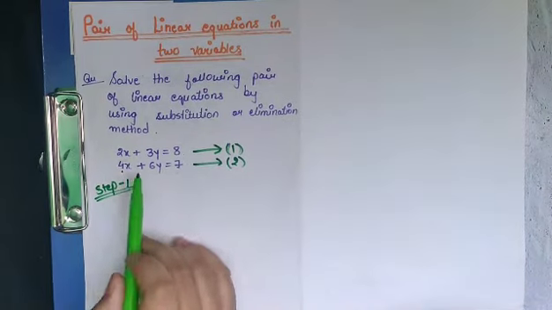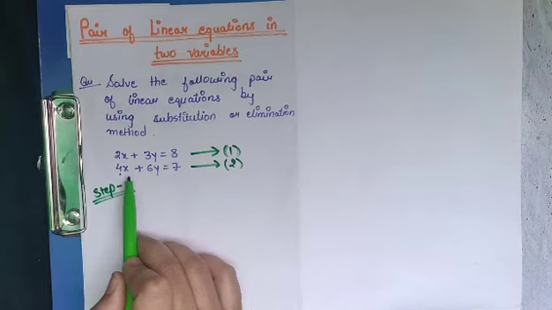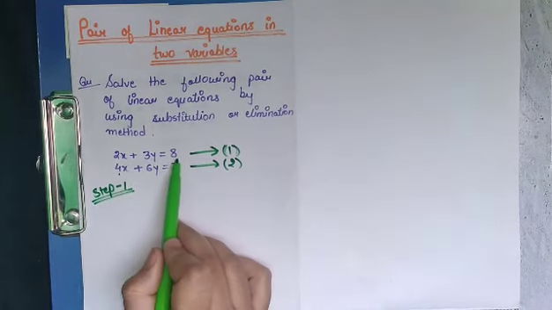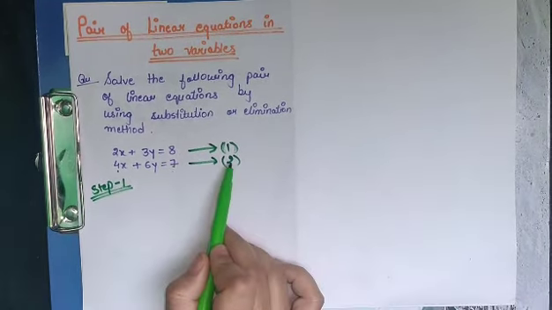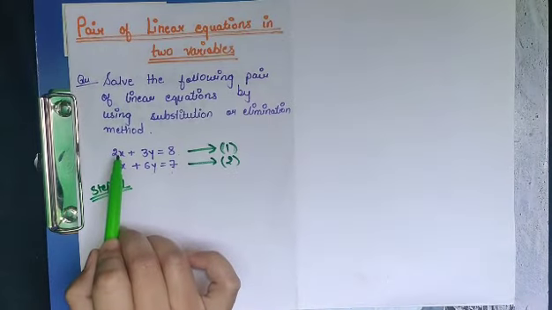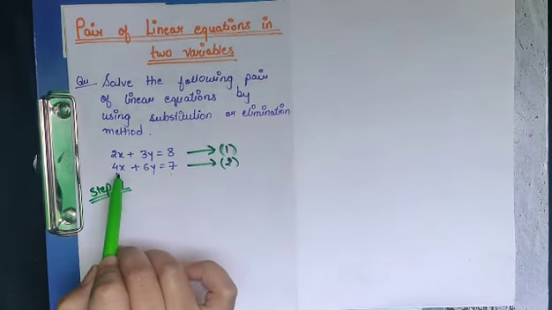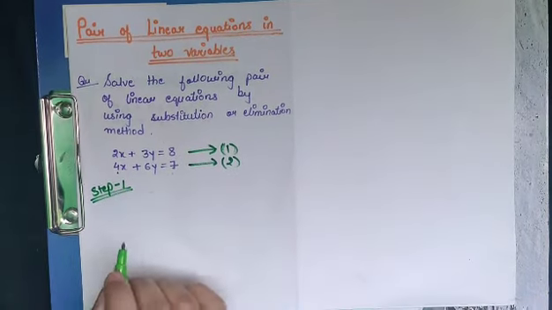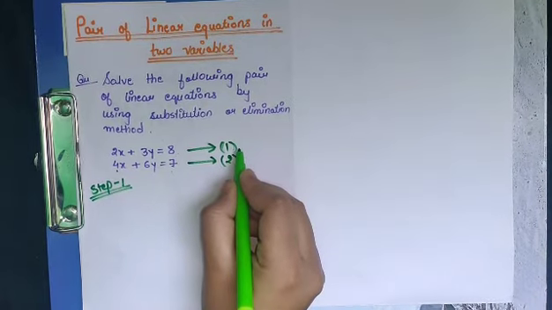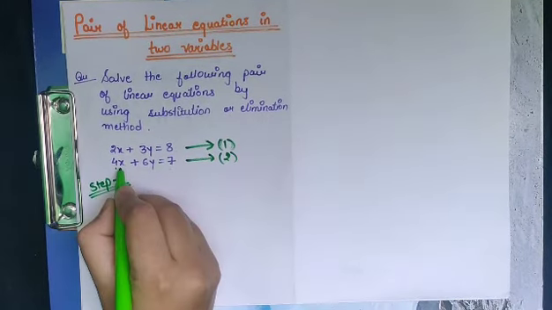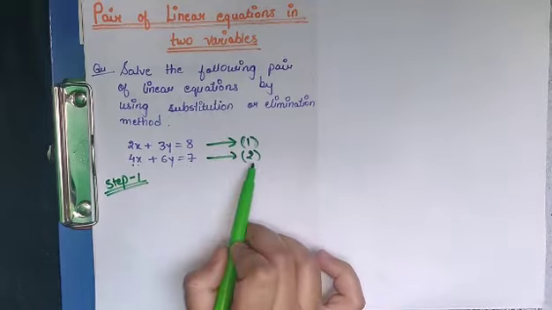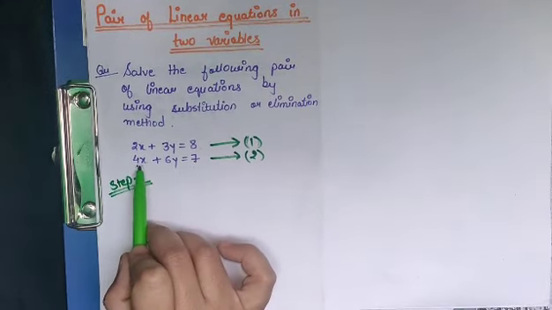Now we will solve this question by using elimination method. Name this equation as 1 and this equation as 2. So in this pair of linear equations, we will try to eliminate x. For that, multiply equation 1 by the coefficient of x of equation 2. In the second equation, the coefficient of x is 4.